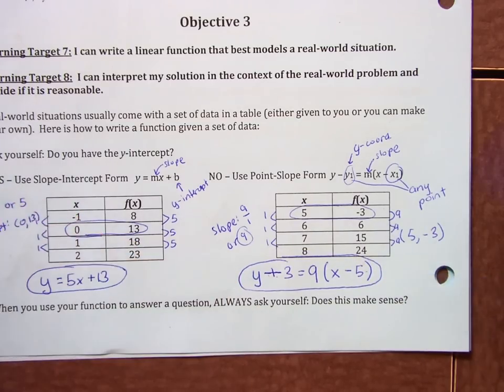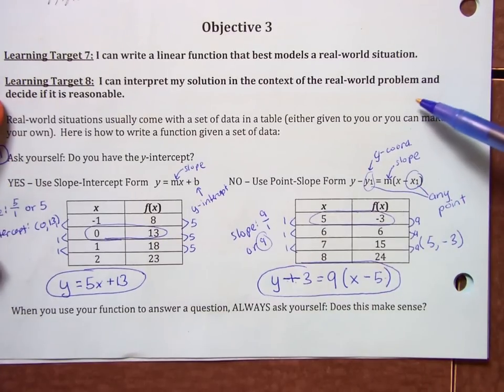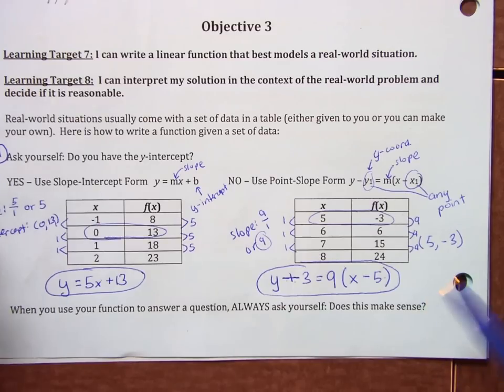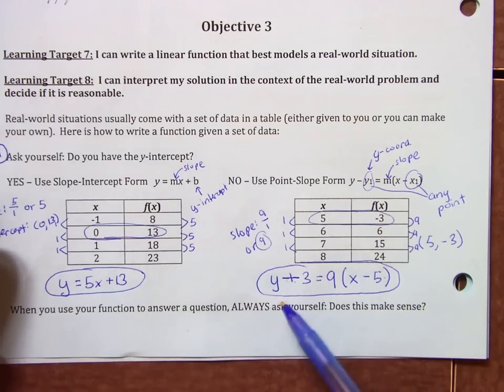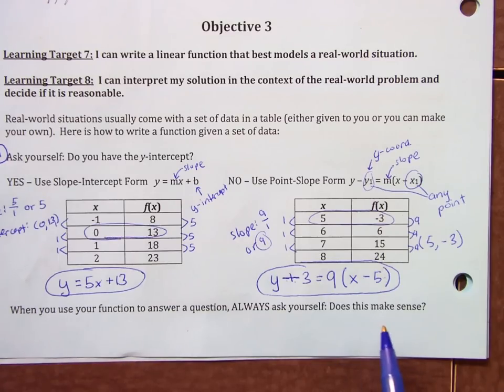And then to think about learning target 8, where we're interpreting our solution, basically that means that every time you get an answer, every time you use your function that you made to find a solution, you're going to always ask yourself, does this make sense? Does it make sense to have 4.5 people ride in the car?